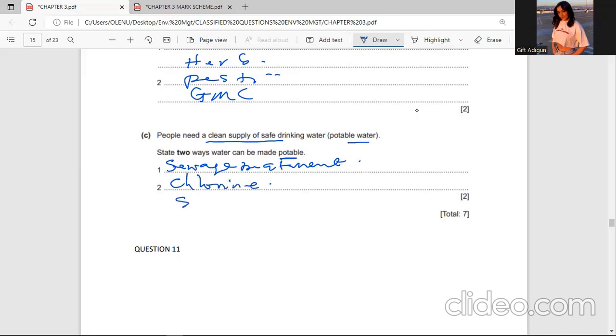You can do desalination, when you remove the salt content from water, well, you can do fractional distillation. You can do what is called reverse osmosis. All this will help to purify the water.